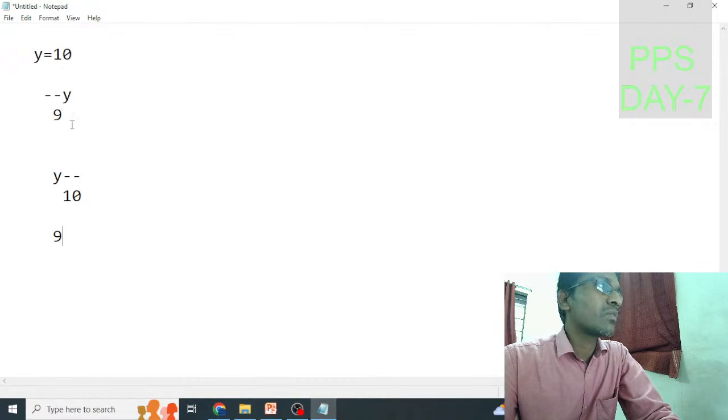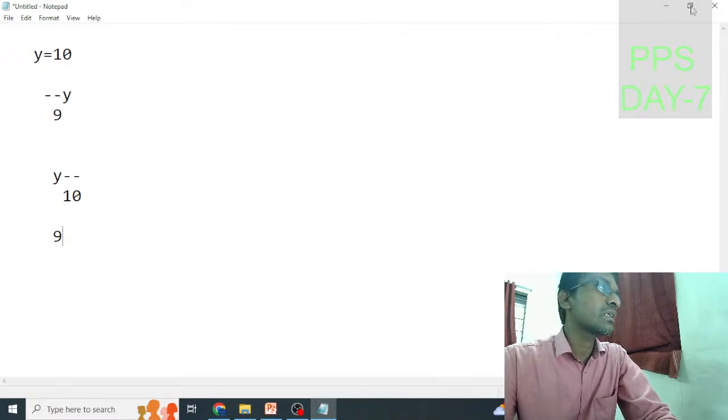I will repeat once again. If it is a pre-decrement operator, the y value will be decremented immediately and that value will be assigned to the expression. If it is a post decrement operator, the y value will be used first, and later the y value will be decremented by 1.